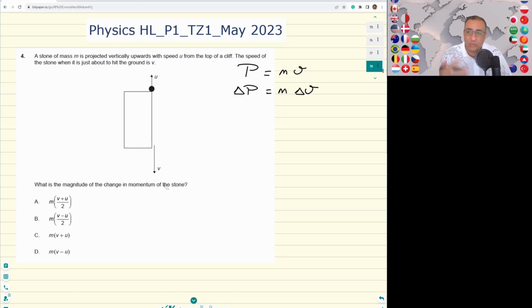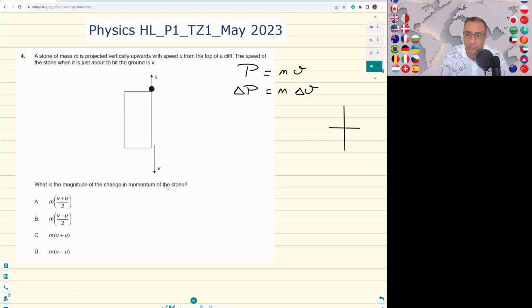Now when we deal with momentums or velocities, we have to set up our convention of direction, because velocity could be positive or negative. It depends on the convention you choose, right? Here we talk about only vertical motion, so we have vertically upwards and vertically downwards.